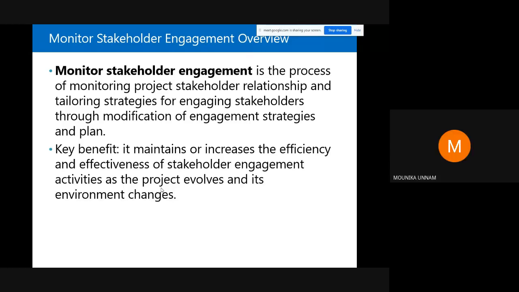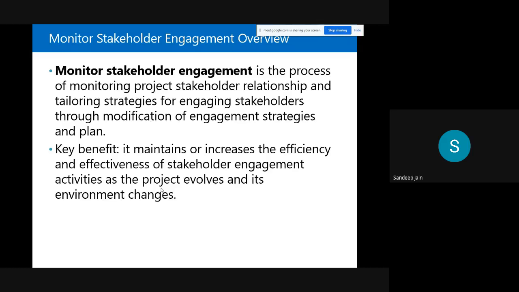Monitor stakeholder engagement is the process of monitoring project stakeholder relationships and tailoring strategies for engaging stakeholders through modification of engagement strategies and plans. Key benefit: it maintains or increases the efficiency and effectiveness of stakeholder engagement activities as the project evolves and its environment changes.